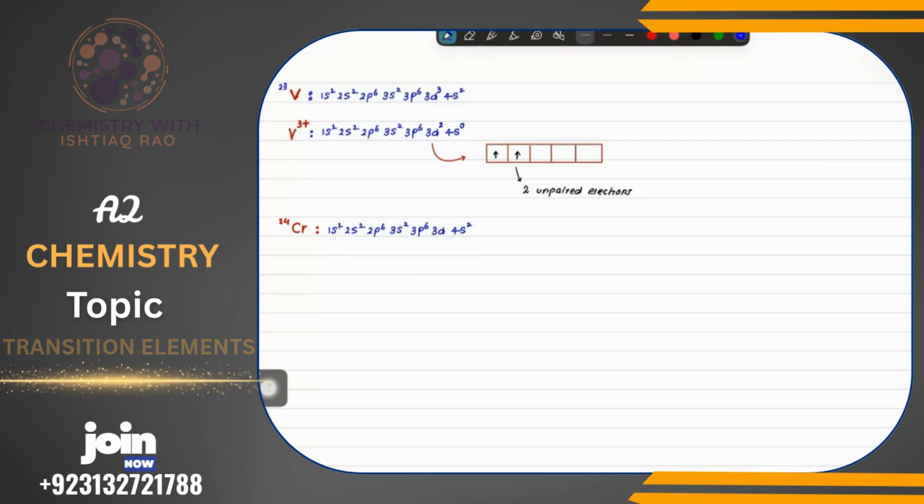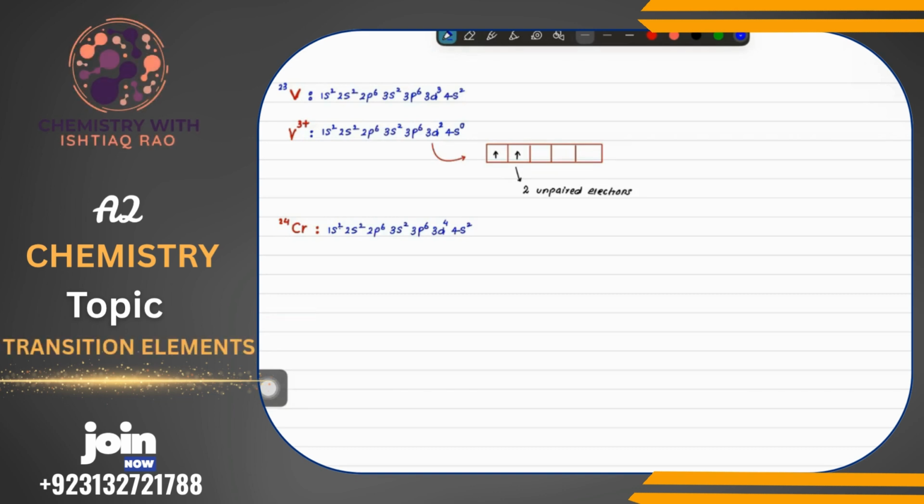Now the very important thing is to know the stability of orbitals. Which orbital is more stable and which orbital is less stable.